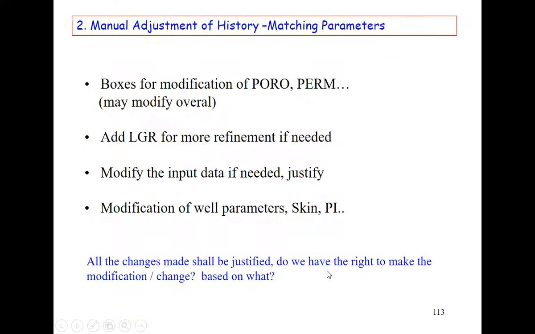Do we have the right to make this change or this modification? Based on what can we make this change? All the changes we make, we will not make them randomly or just like that. So we have to get a justification of our change.